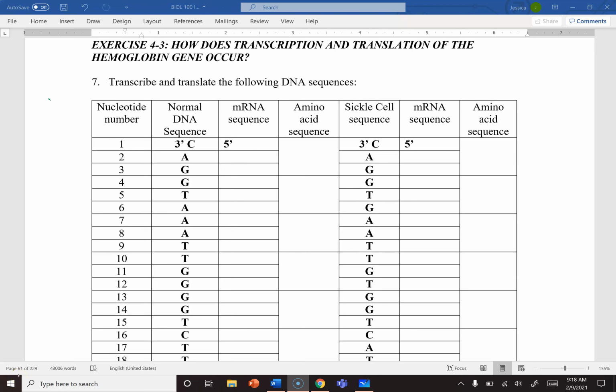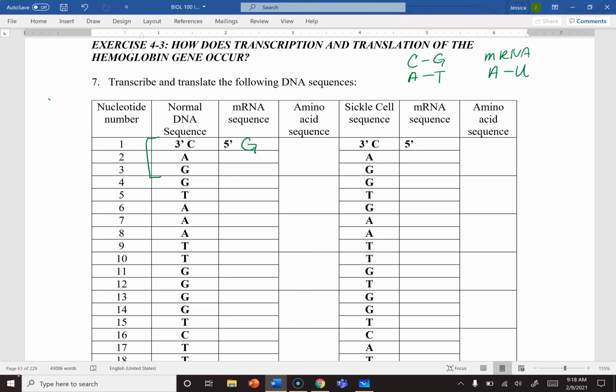Recall that C pairs with G and A pairs with T, except in mRNA, A pairs with U. Let's do the first triplet here, our normal DNA sequence. If we have a C in our DNA and we make our messenger RNA copy in transcription, we put a G in our messenger RNA.